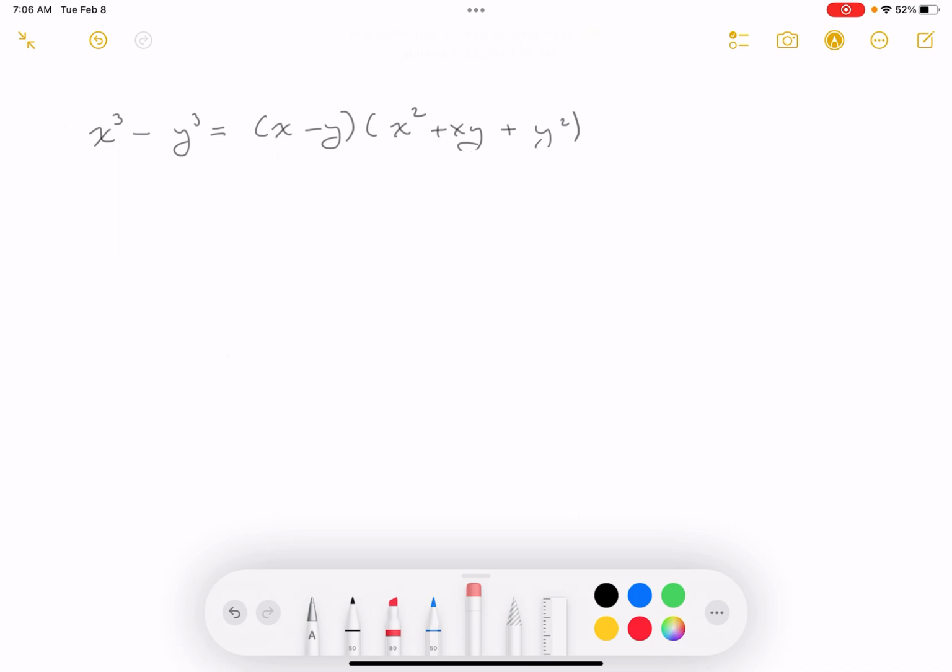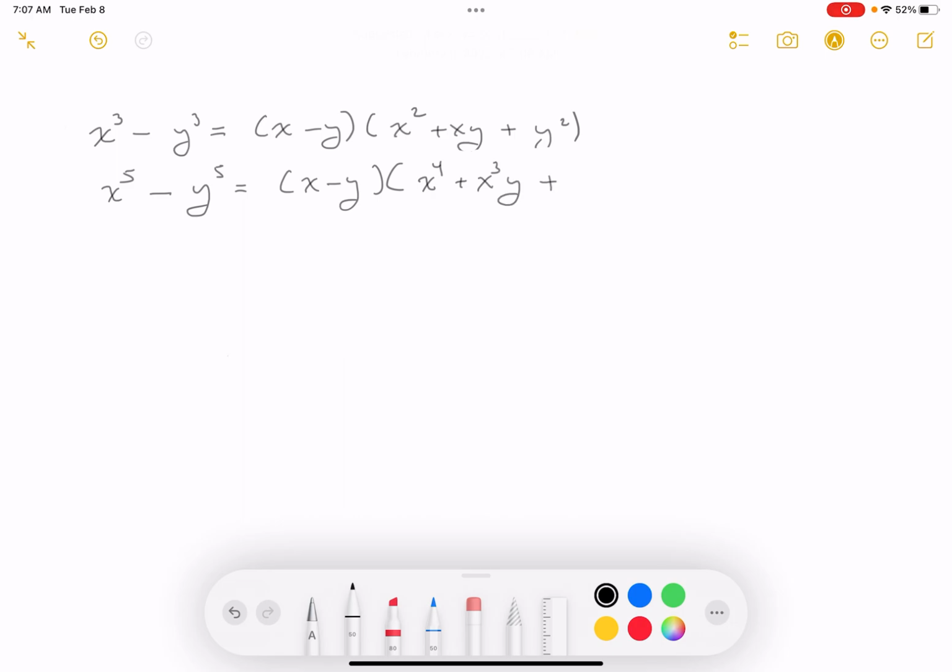I'm going to write the fifth degree one down. I'm sorry, I don't want to do cubes again, I want to do fifth degrees: x^5 minus y^5. Well, I'm going to claim it looks like this: x minus y times x^4 plus x cubed y plus x squared y squared plus x y cubed plus y^4. We're hoping you see a pattern when I write this down.